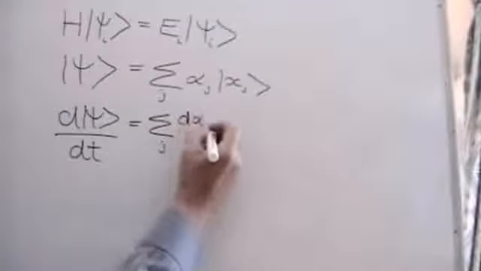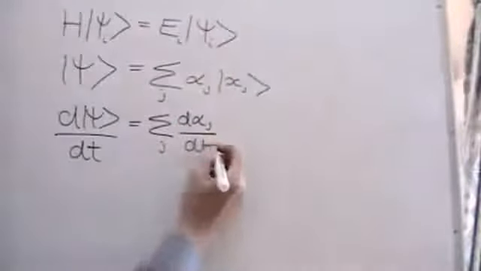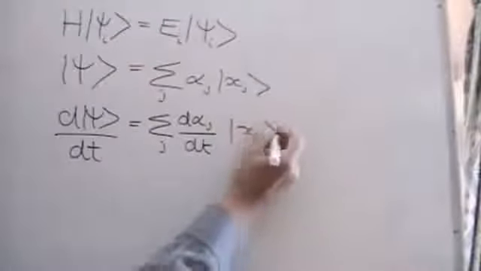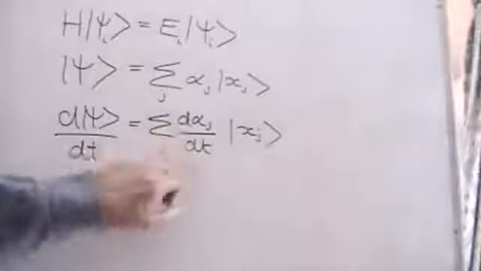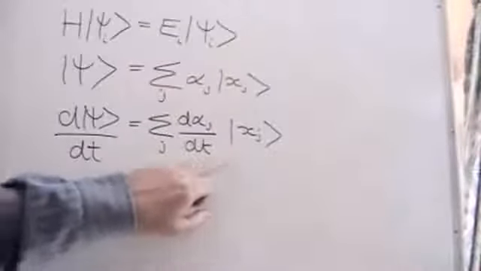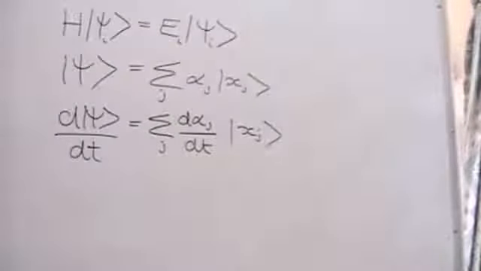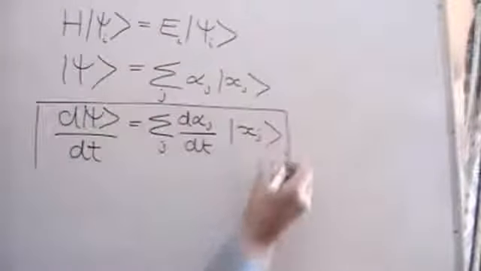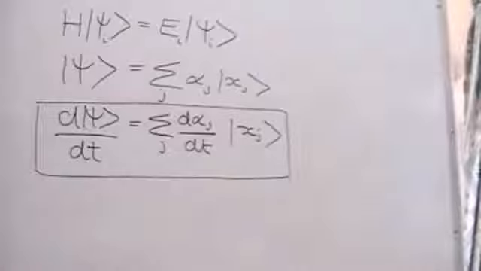It's the probability amplitude that changes with time. So you will get that the change of psi with time is equal to the sum of the change of probability amplitudes with time times the basis vector, which doesn't change. And that formula you'll need to remember, because we're going to need it a bit later on.